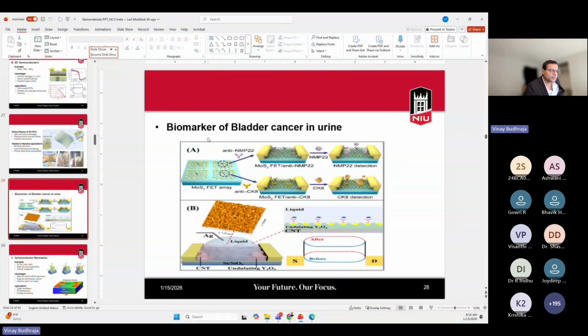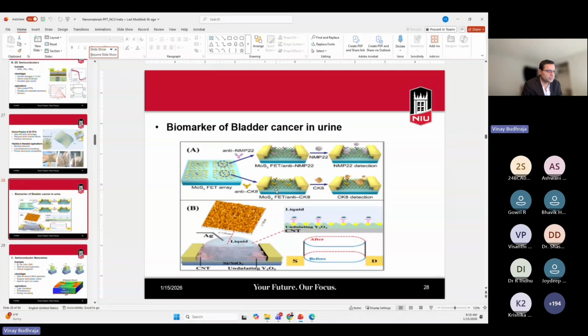One example is the biomarker of bladder cancer in urine. In one of those applications, MoS2 FET arrays were used, and you can see that it controls the CK8 detection, which is one of the biomarkers in bladder cancer.